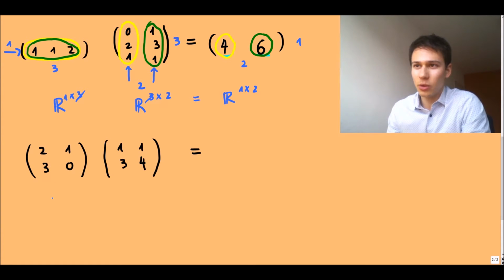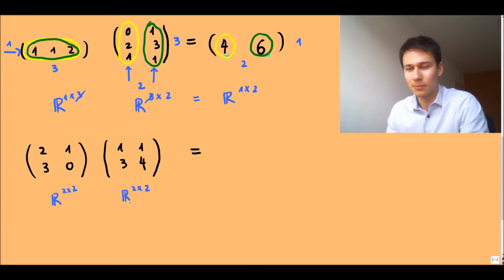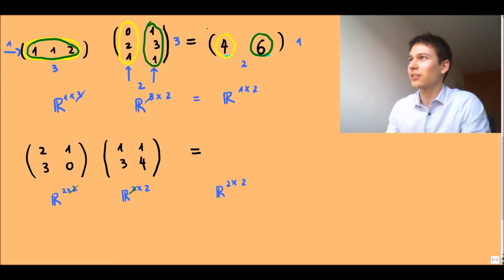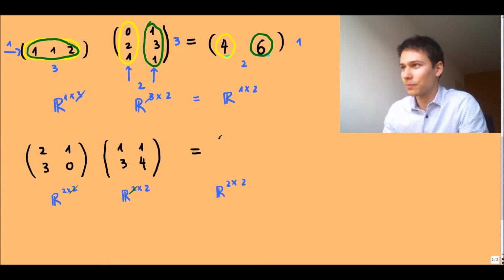So in this case we would have an R2 cross 2 matrix times an R2 cross 2 matrix, you would get again an R2 cross 2 matrix, as you can see, because we can cross out these inner dimensions. We are left with the outer numbers. We get a 2 cross 2 matrix which has this form.